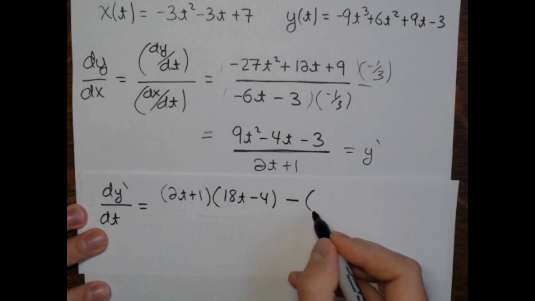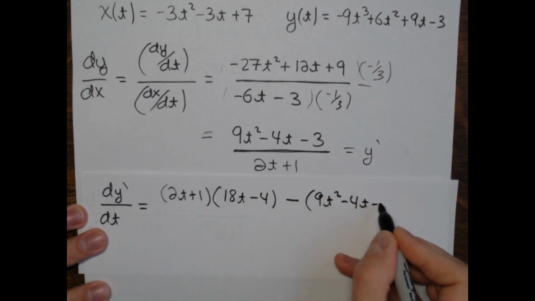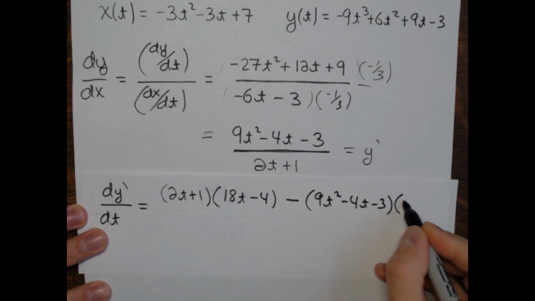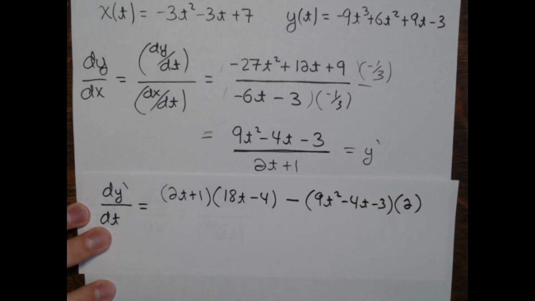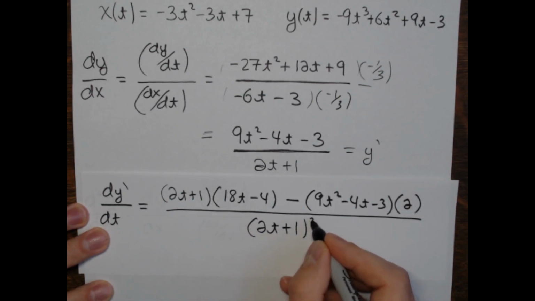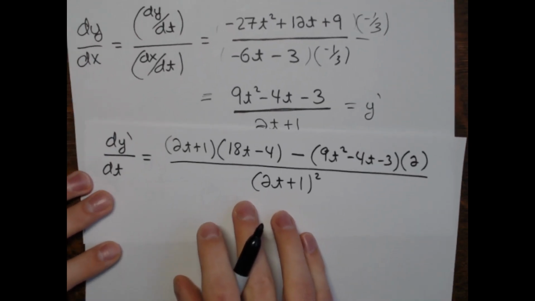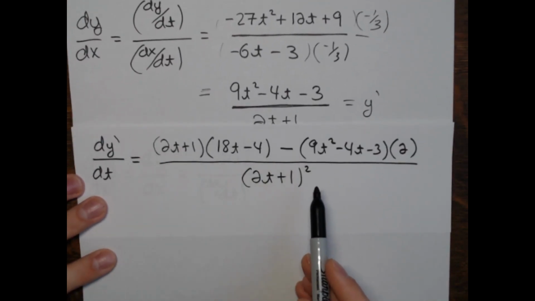And then minus the numerator, 9t squared minus 4t minus 3 times the derivative of the denominator, which is just 2. And then all that divided by the denominator squared.